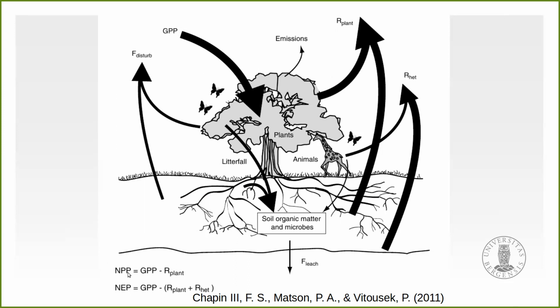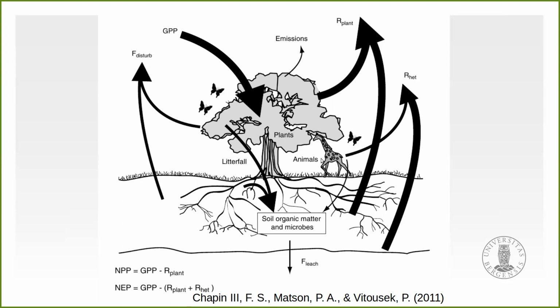And most of the net primary production is going to the soil as litter and dead plant material, and also eventually through a grazer.